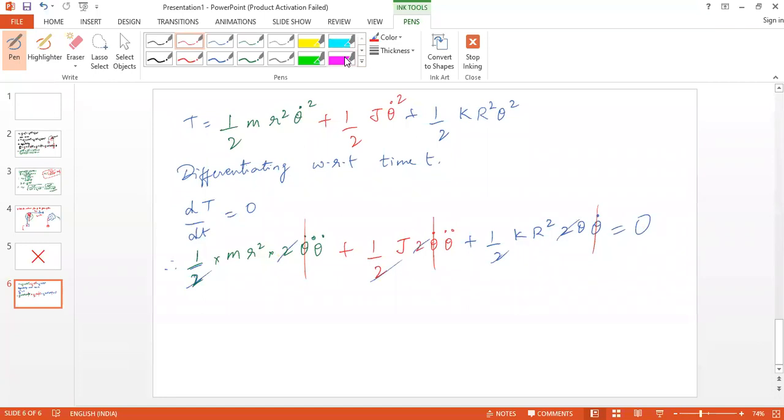So the remaining is, therefore, it is m r square theta double dot plus J into theta double dot plus k R square theta is equal to 0.